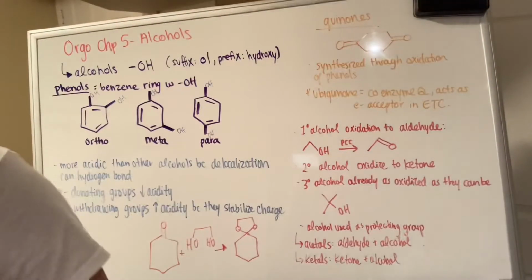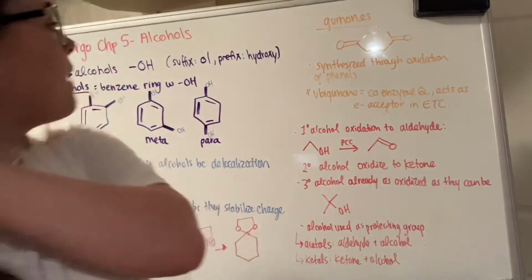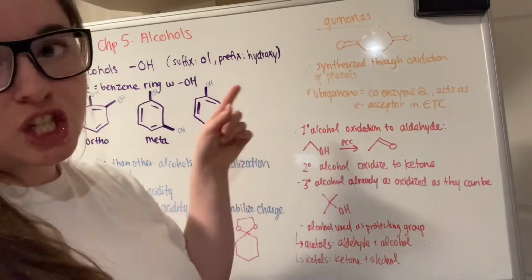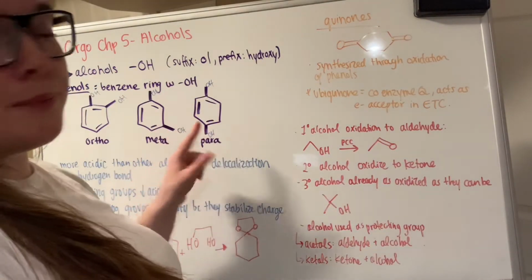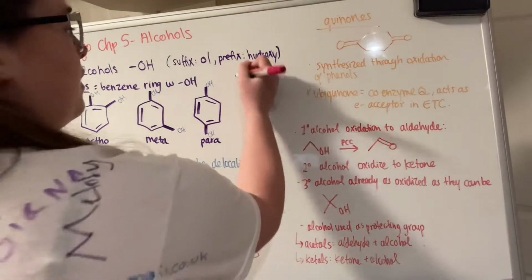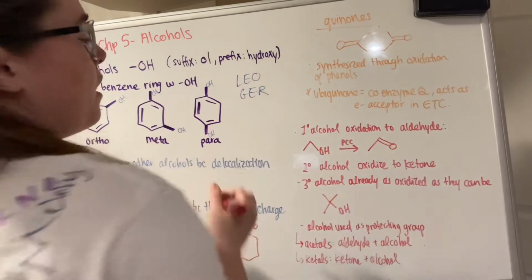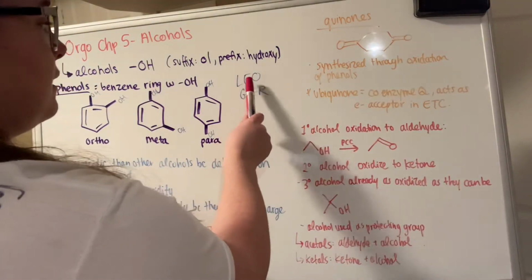Next, let's get into quinones. Quinones look like this, and they are synthesized through the oxidation of phenols. So if we look at this phenol over here, we remember that LEO says GER, which means if they're saying it's oxidized, it loses electrons.